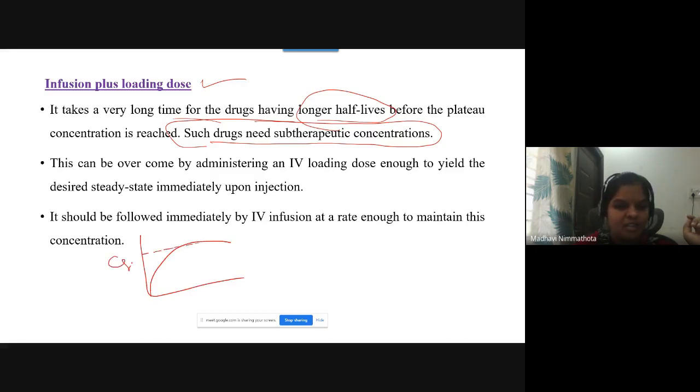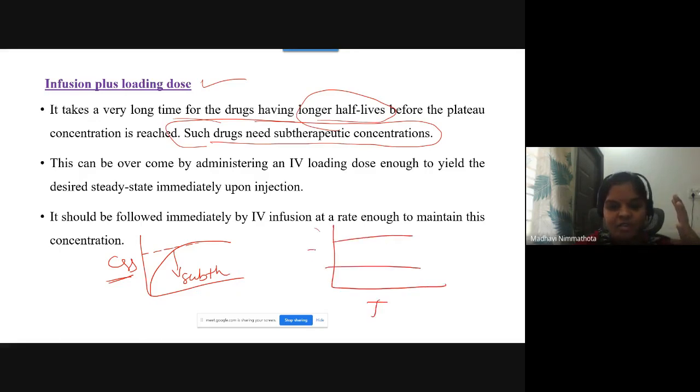This is the CSS. So some drugs will get this CSS, but before that they will have some subtherapeutic level concentration. See, when you plot the graph between time versus concentration, that is the minimum effective and this is the maximum safe, right?